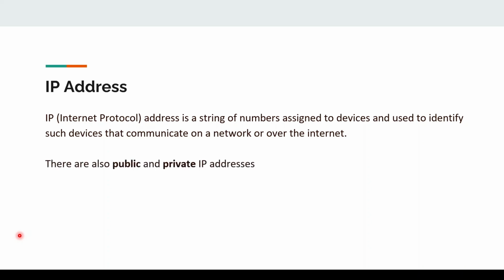And there are public and private IP addresses. The public IP addresses are what you use to communicate over the internet, and they are generally assigned by the internet service providers. Meanwhile, the private IP addresses are assigned locally on the network, like a local area network.